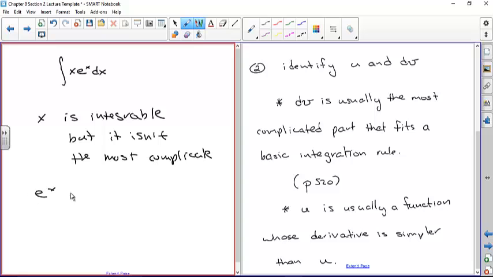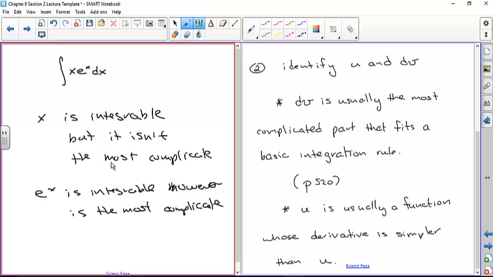e to the x is also integrable, however, it is the most complicated. Okay. So based upon this kind of rule, I would probably choose e to the x to go with the dv part.